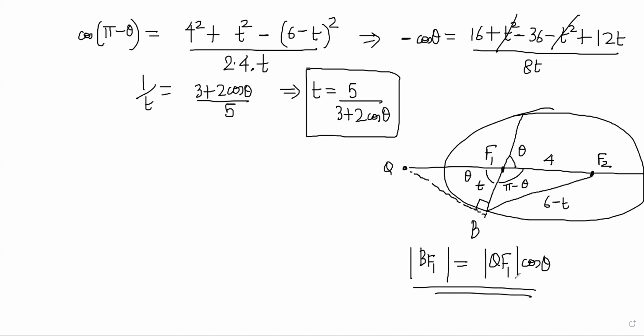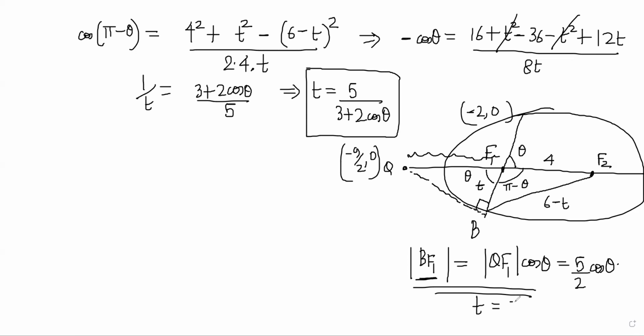So BF1 is QF1 cos theta. And now QF1, we already know the length of this, right? Because this was minus 9 by 2 comma 0 and this was minus 2 comma 0. So this length is basically 5 by 2. So it is 5 by 2 cos theta. That is your BF1. So we're getting T is equal to 5 by 2 cos theta from here, right?